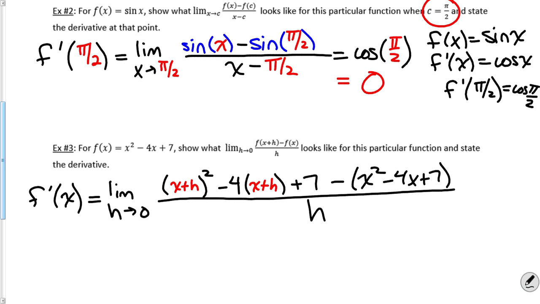And this one, do I know this derivative? Well, this isn't a sine or a cosine or an e to the x or a natural log, but it is a power rule, so I should be able to find its derivative. So its derivative using the power rule would be 2x minus 4.